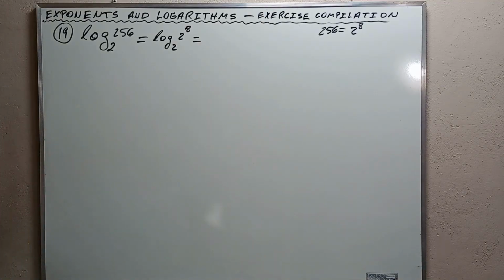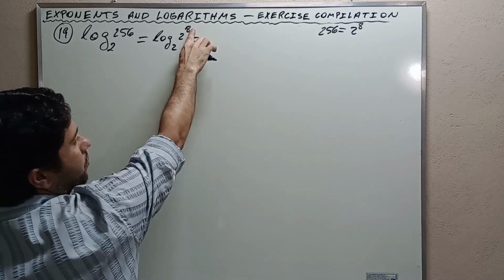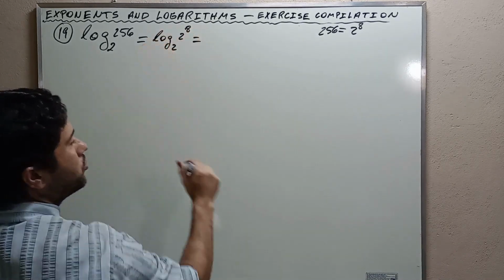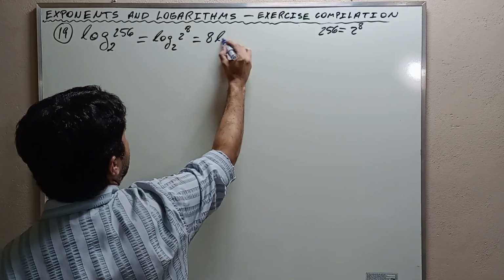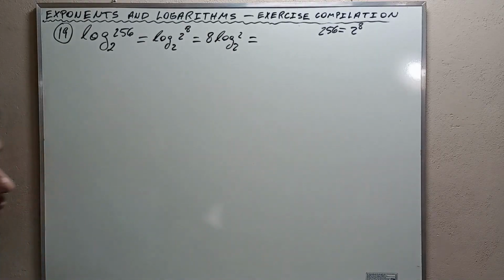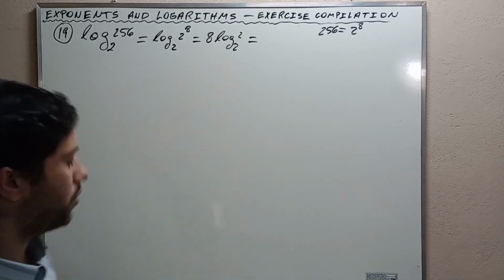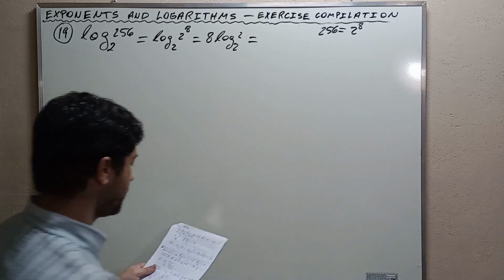And use one of the properties that I just wrote on board, you're going to remember that we can pass this power multiplying: 8 times the logarithm of 2 base 2. And resorting again to the identities that I wrote on the board, the logarithm of any number in its own base is equal to 1.